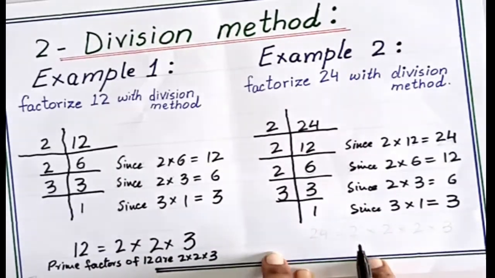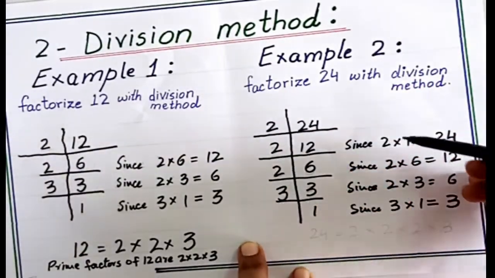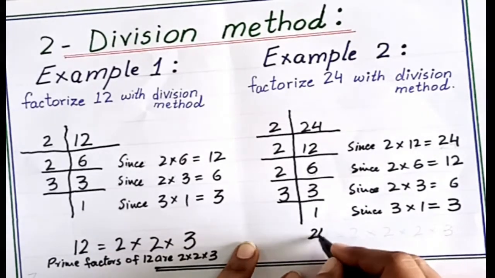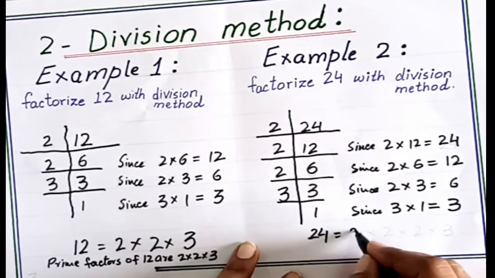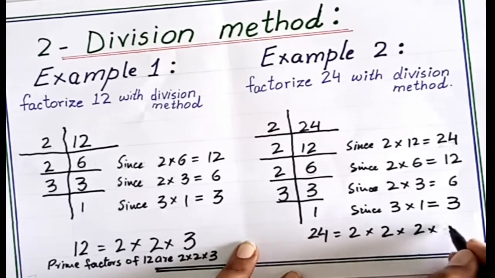So we got all the prime numbers here: 2, 2, 2 and 3. Prime factors of 24 are 2, 2, 2 and 3.